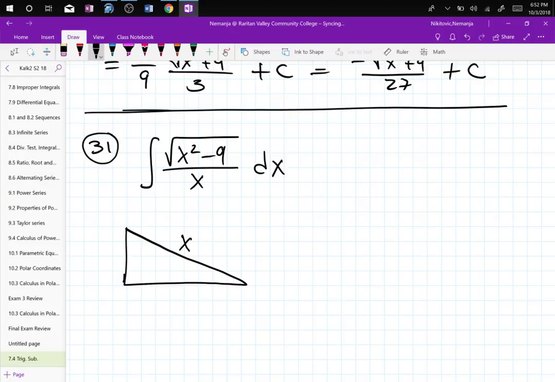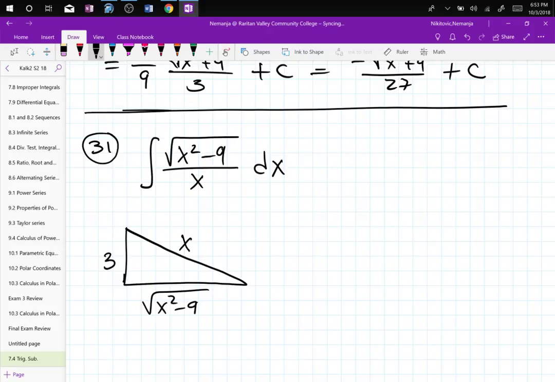And then number 9, which is 3 for the length, will go on any of the legs. Doesn't matter. Now we are going to switch it if we don't like it. So just arbitrarily put it somewhere. And we have x squared minus 9. And as I said, if we don't like it, we swap it.